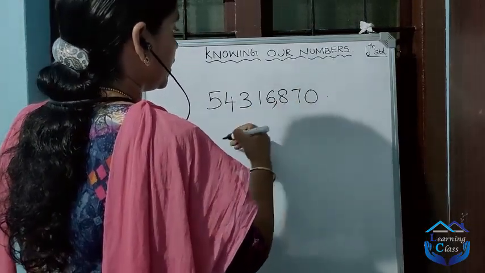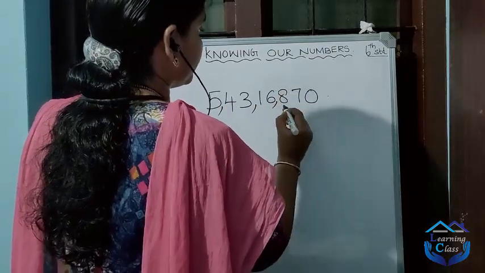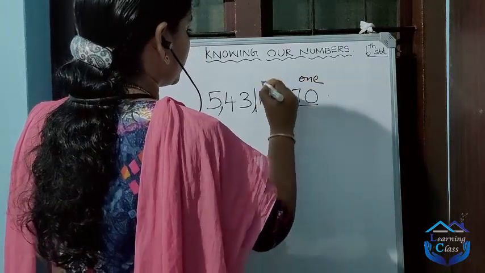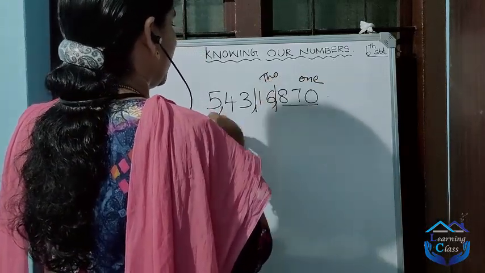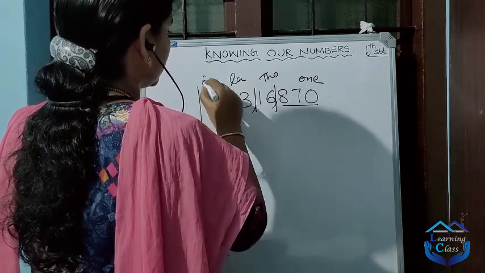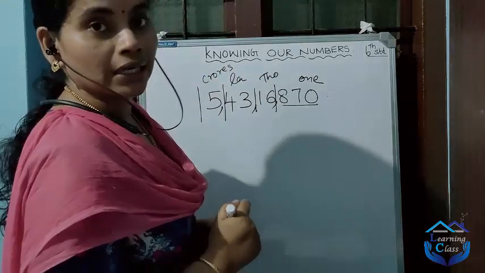After 3 numbers, then 2, here 2. And this is ones period, this is thousands period, this is lakh period, and this is crores period. Then now we can read it easily.